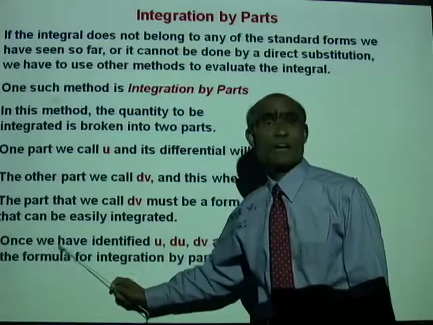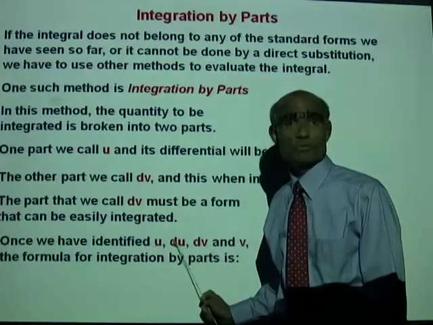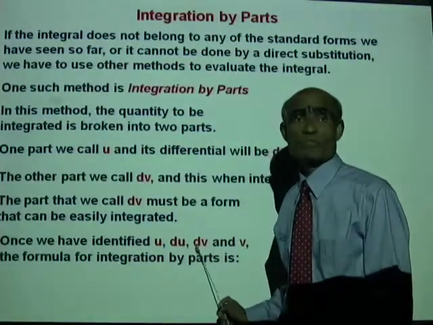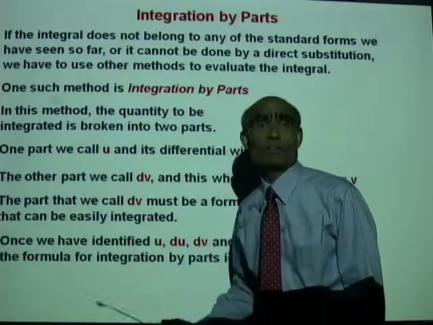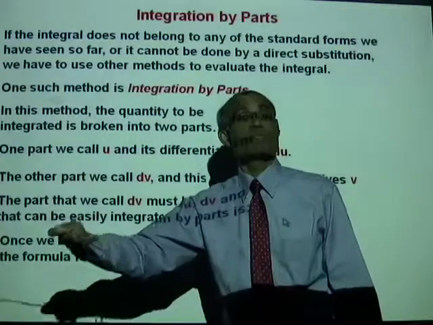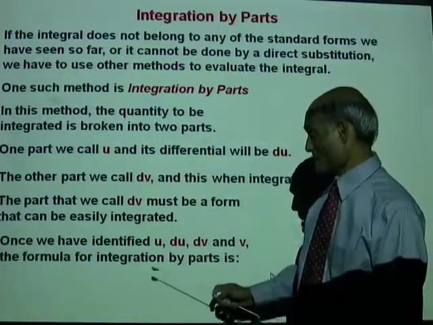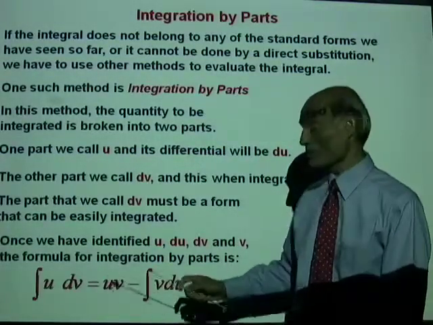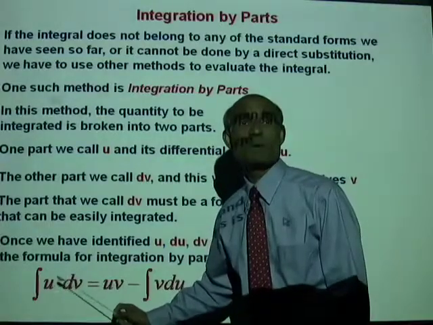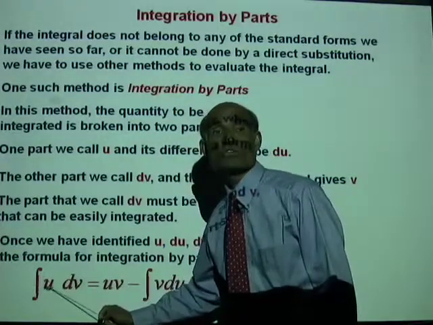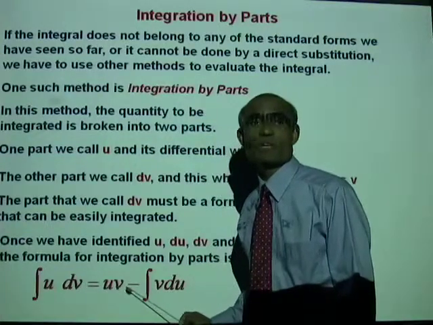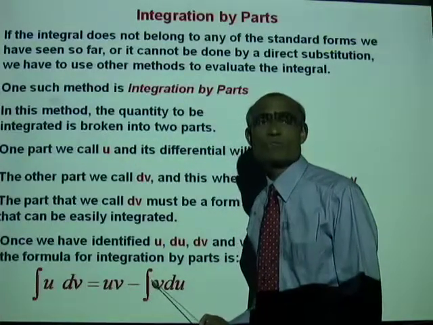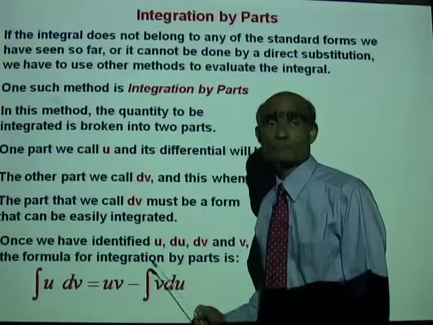Once we have identified u, du, dv and v, we will use a formula that was developed by somebody who worked on this to do our integration. And this is the formula that you need to remember: integral u dv equals uv minus integral v du.